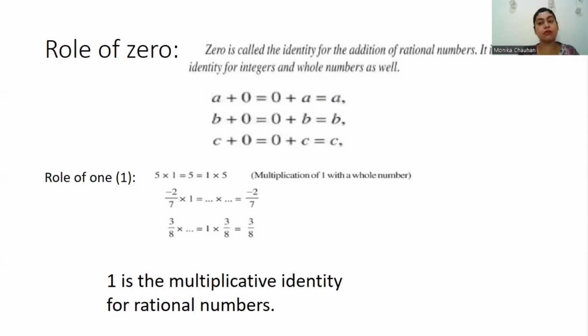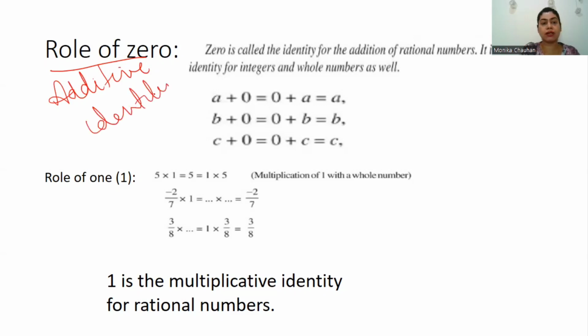The rule of zero is very, very important. In this rule of zero, it is actually called additive identity. Zero is called additive identity. Now, what does it mean? Additive, there is a plus sign.